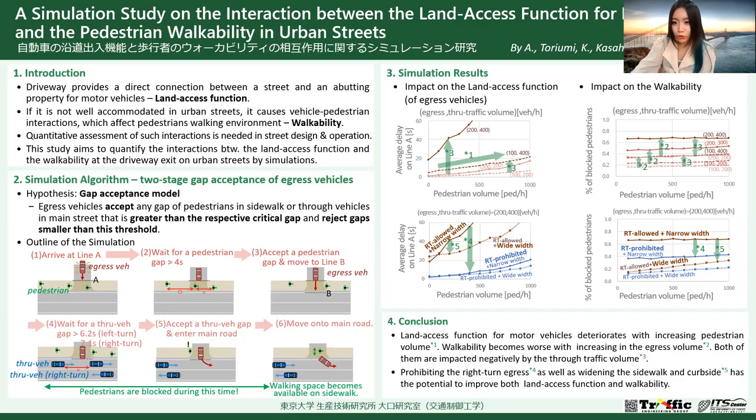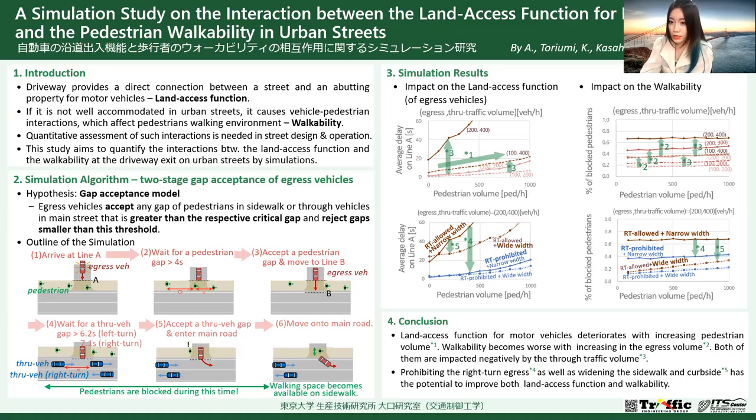And the result shows that the design of the egress vehicle and the percentage of the blockaded pedestrians under different traffic volumes, and prohibiting the right turn from the off street to the main street, can reduce both the egress vehicle delay and the blockaded pedestrians.